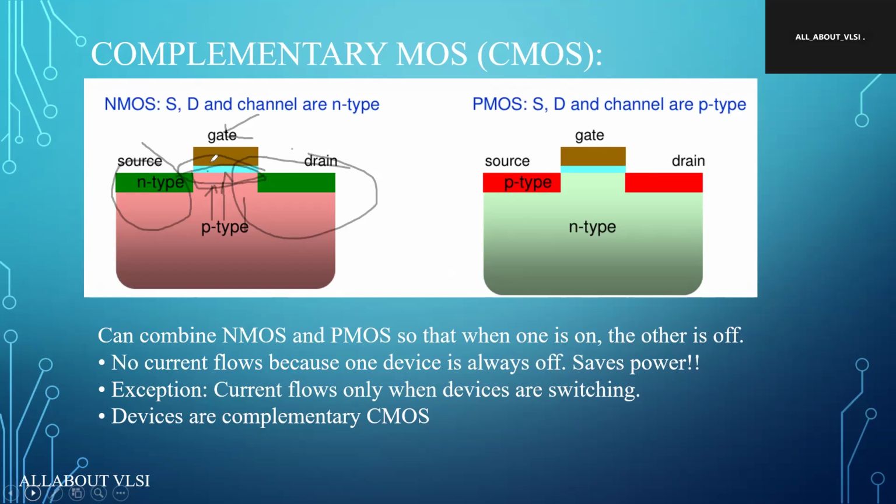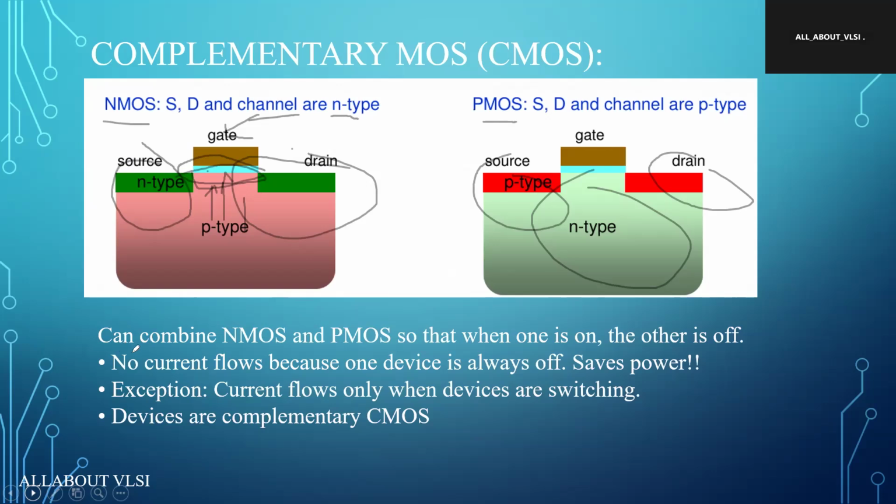So at that stage, the channel is also N type, right? So after that, this one is PMOS. Here the source, drain, and channel are in P type, right? So then we name them NMOS and PMOS, right? P type of MOS and N type of MOS.